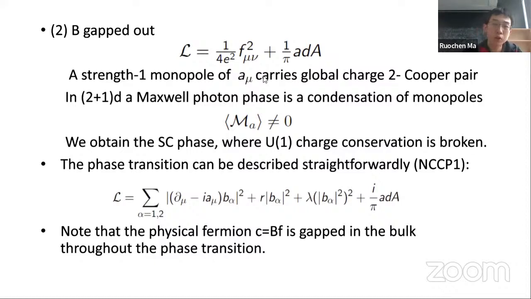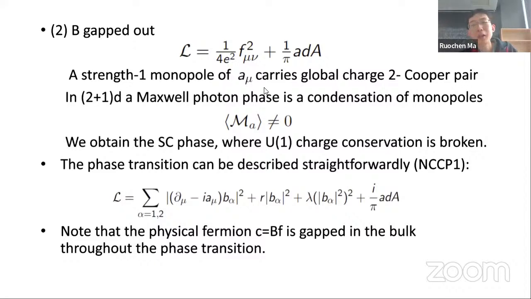And it's well known that in 2+1D, a Maxwell photon phase is a condensation of the magnetic monopole of this little a gauge field. So the monopole has a non-vanishing vacuum expectation value, and the photon itself can be viewed as the Goldstone boson for this monopole condensation. This is the famous Polyakov duality. You can check Xiao-Gang Wen's or Subir Sachdev's textbook, where there is a detailed explanation of this.